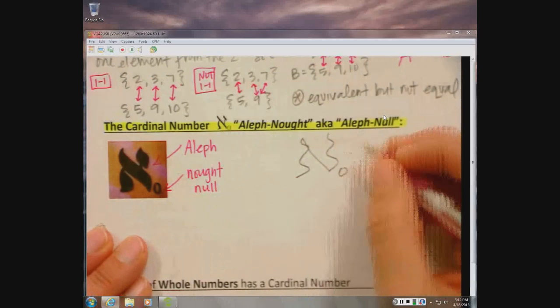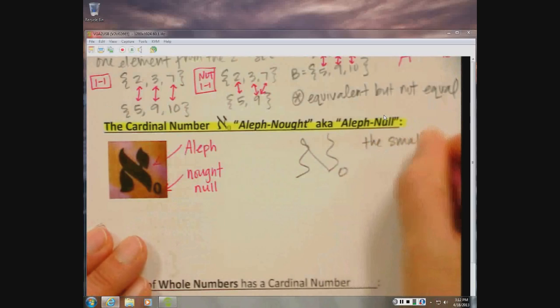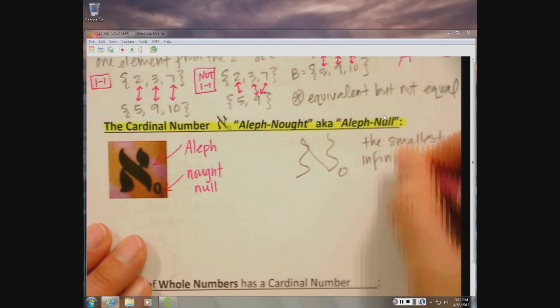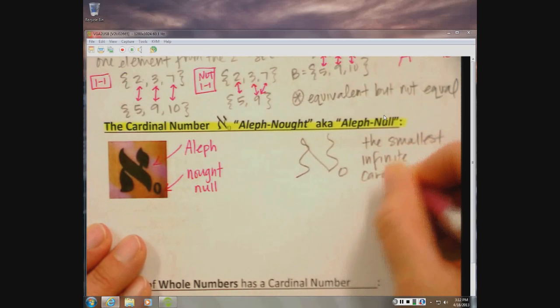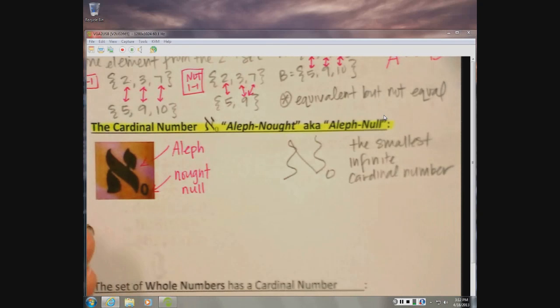And we're going to say that aleph naught is the smallest infinite cardinal number. Aleph naught specifically refers to cardinality. It's not the same as saying infinity.